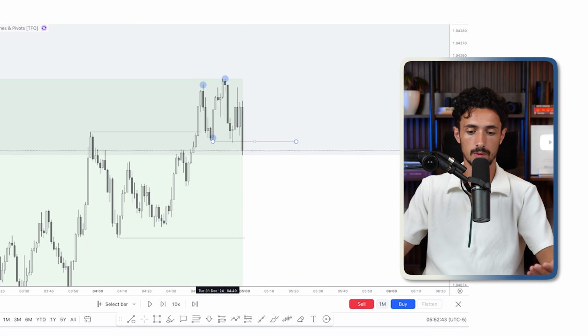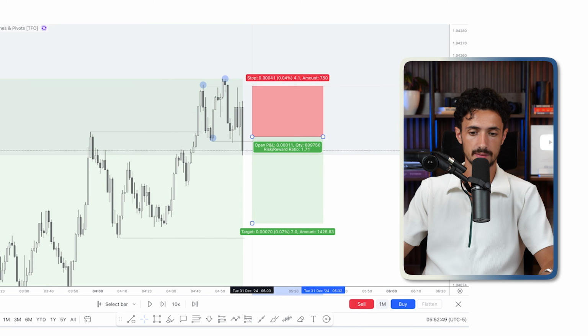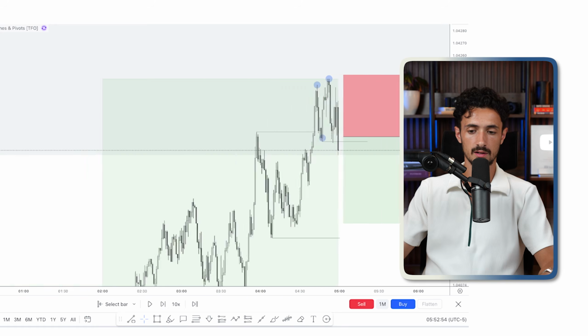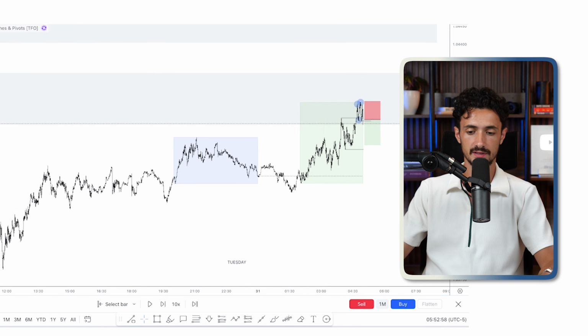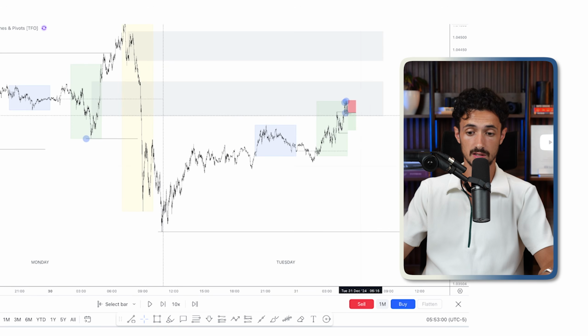So what we can do, when we see this, is simply place our trade on the order block on the 1 minute time frame, put a stop loss at the high, and then target the swing low, right? The actual M15 swing low, which in this scenario is all the way down here.